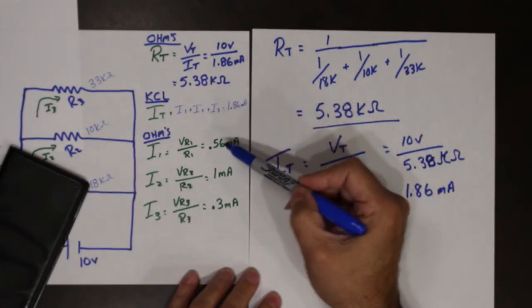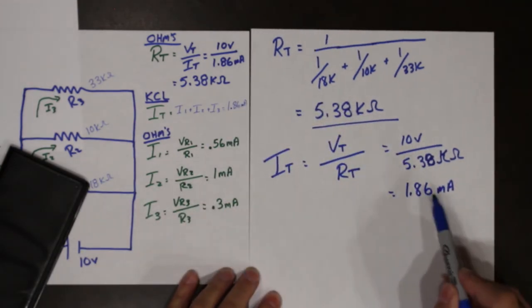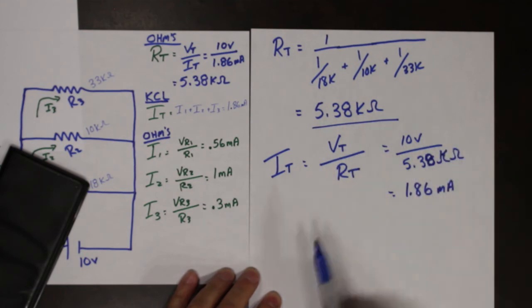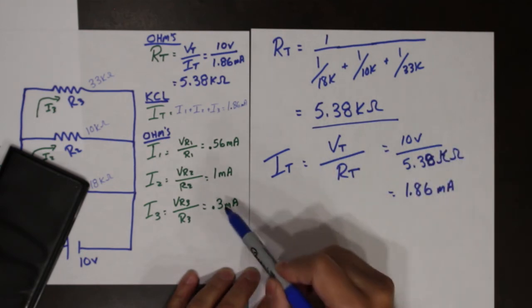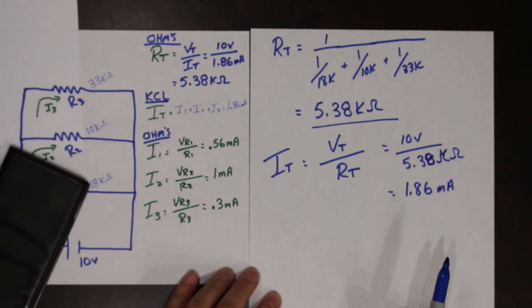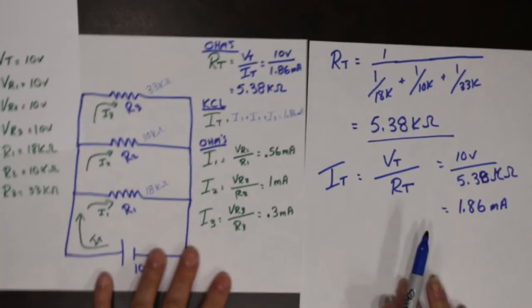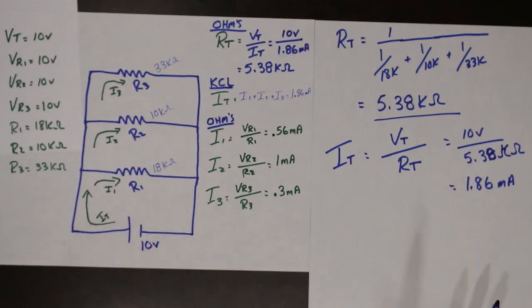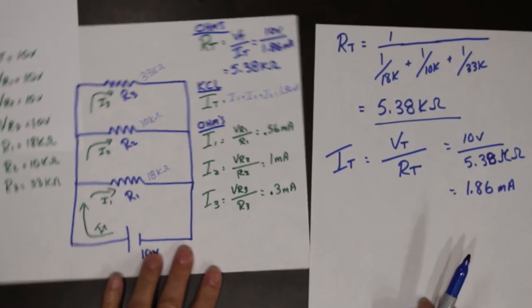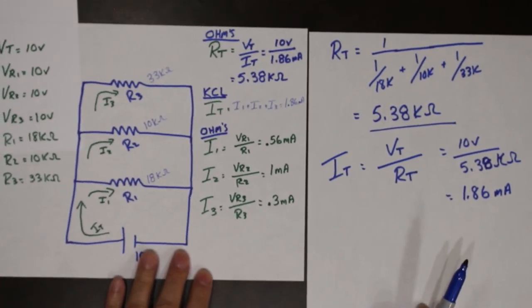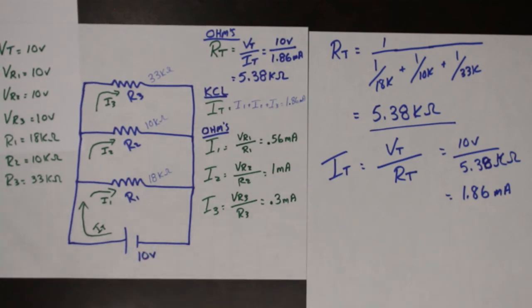We got this from adding these. So if we got this from doing this, then these answers are most likely correct as well. So when you're solving for circuits like this, there are ways to mathematically check your answers.